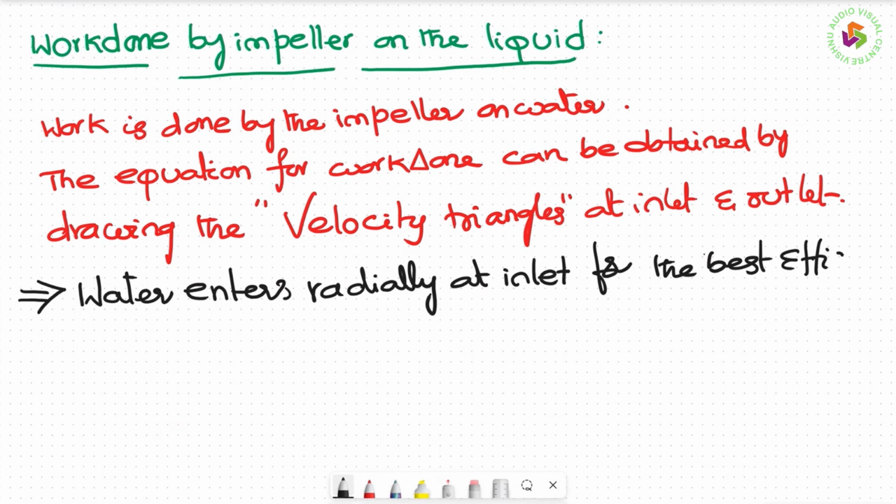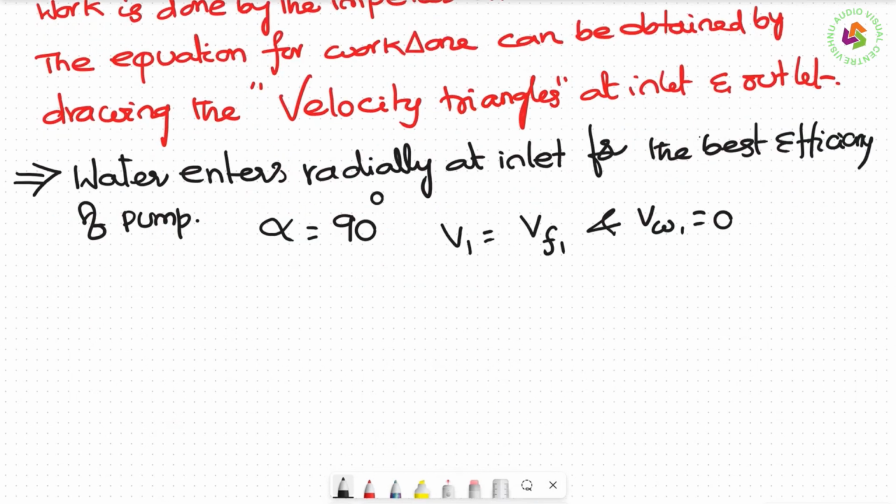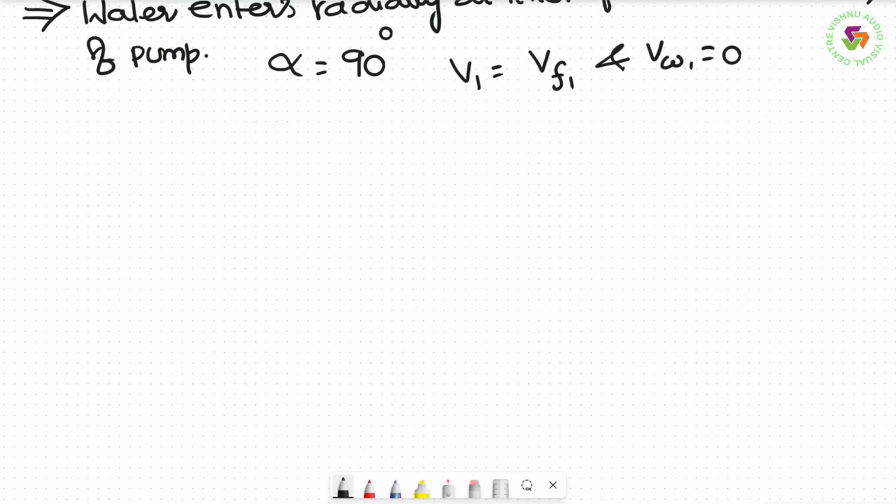So when water enters radially, the alpha is equal to 90 degrees. That is the first thing. When alpha becomes 90 degrees, then naturally V1 is equal to Vf1 and Vw1 is equal to 0. I will show you also in the figure how it looks like.